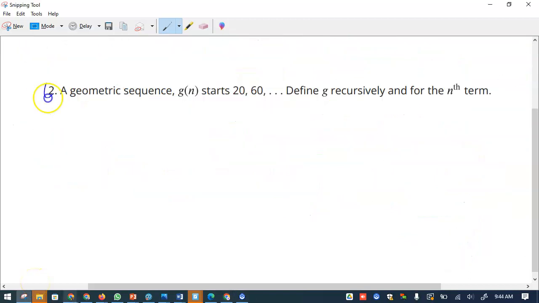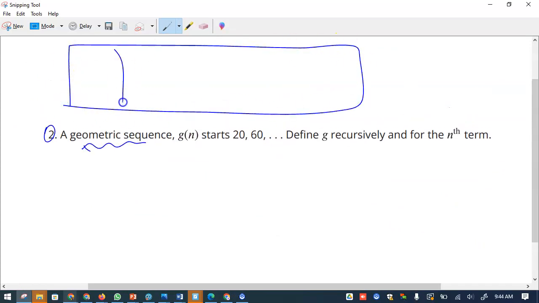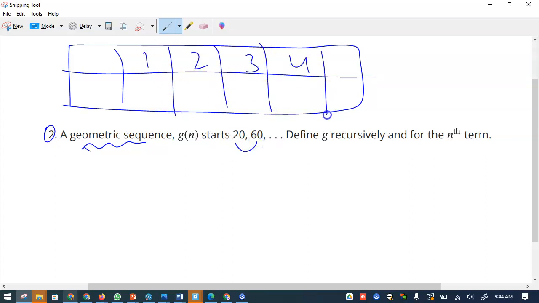Question number 2 says it's already a geometric sequence, right? So we can make a table and say, okay, the first numbers are 1, 2, 3, and 4. And because the name of the sequence is Gn, I'll put Gn, and n is the step number. So start with 20 and then 60.